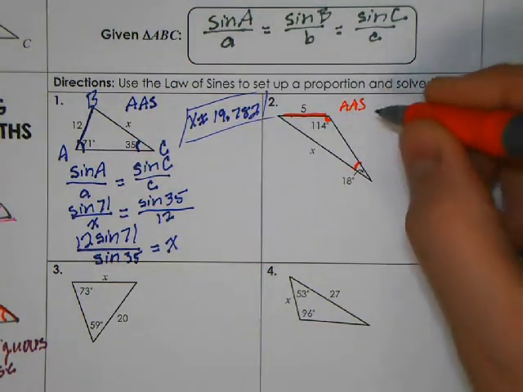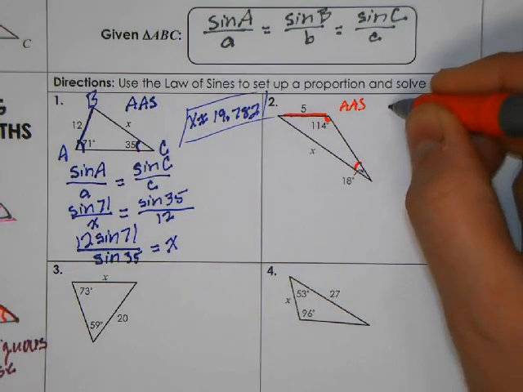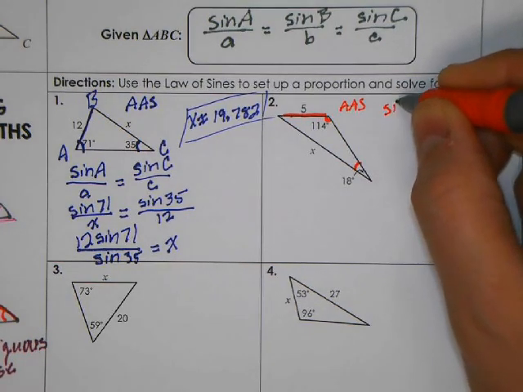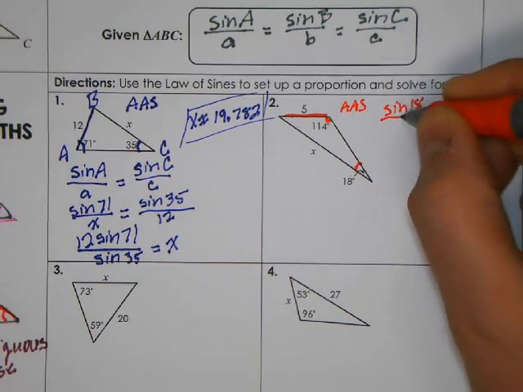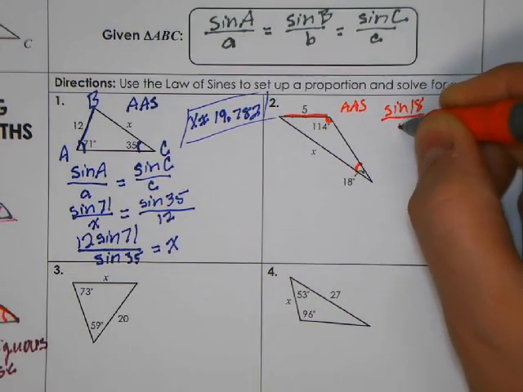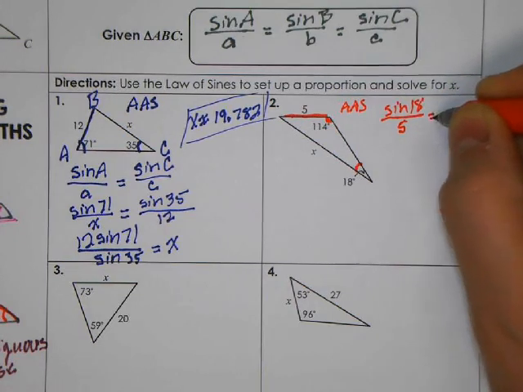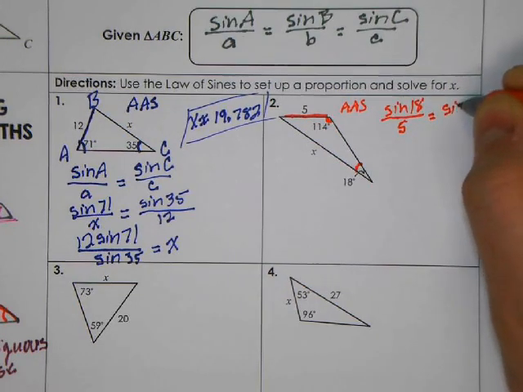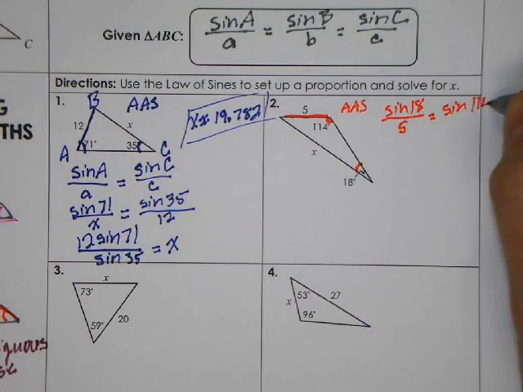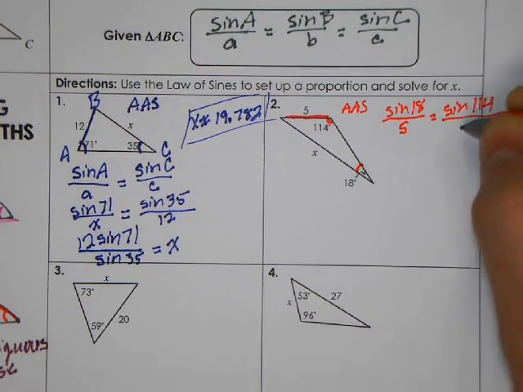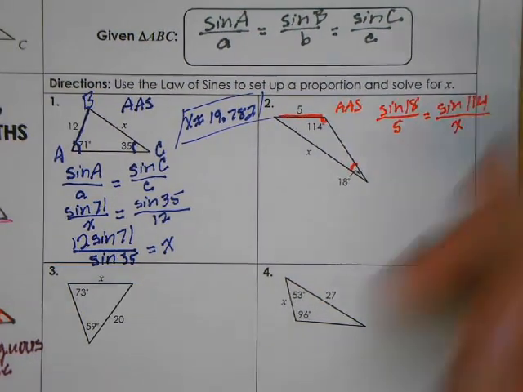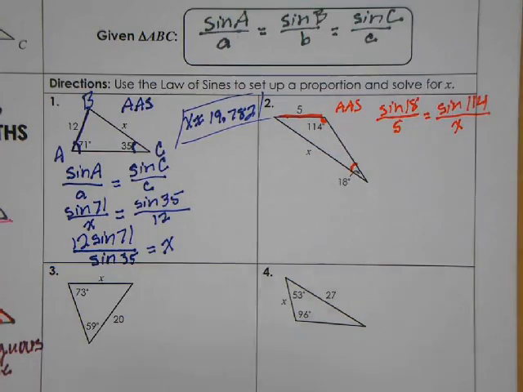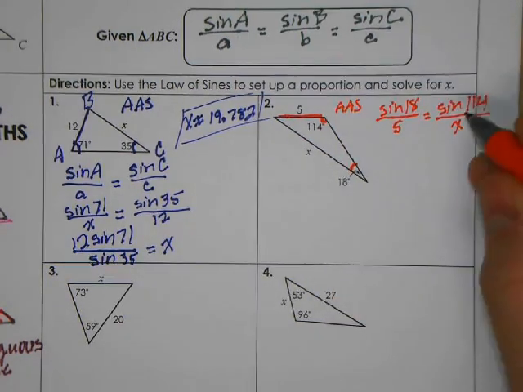So in this case, I can say the sine of the 18-degree angle over its side of 5 is equal to the sine of the 114-degree angle over its opposite side, x. And now we cross multiply. So this is where I'll do a better job of showing my work.